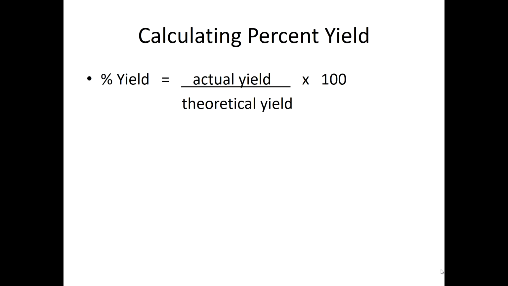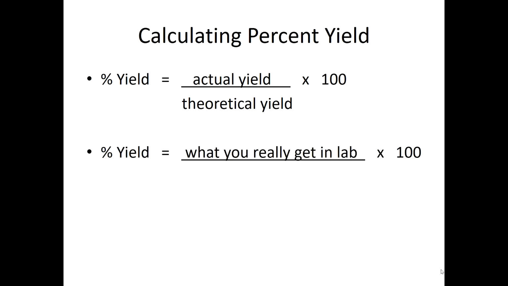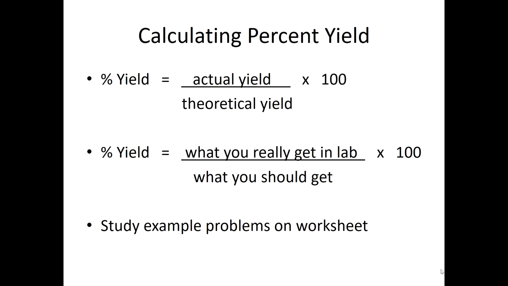And I would ask you to find the percent yield. In the same way that anytime you find a percent, it's part over a whole, you just take the actual yield, divide by the theoretical, and then multiply by 100. Remember, the actual yield is what you really get in the lab. The theoretical yield is what you should get based on your math, and then multiply by 100 to get your percent.